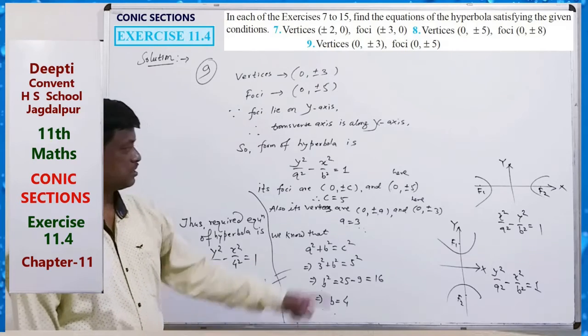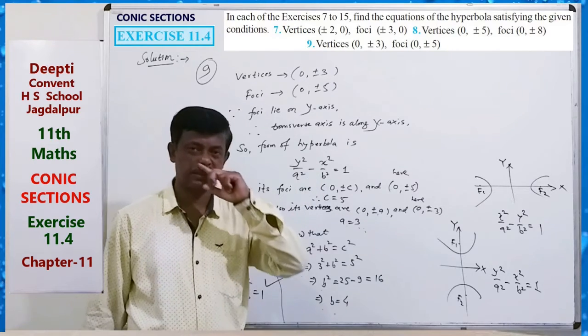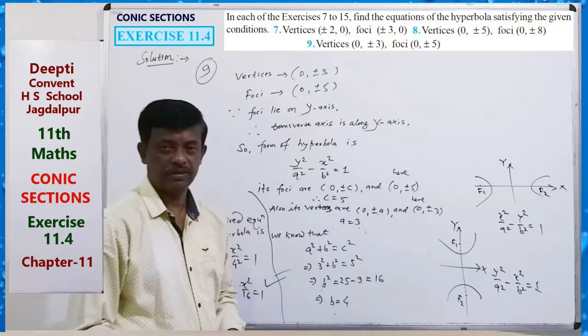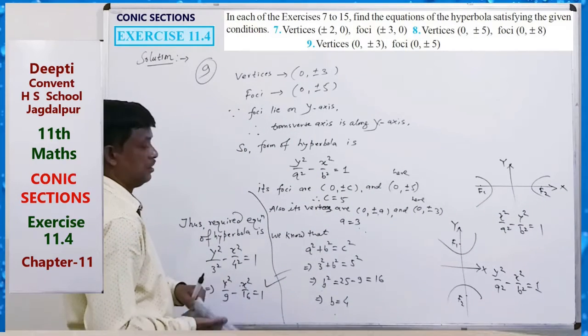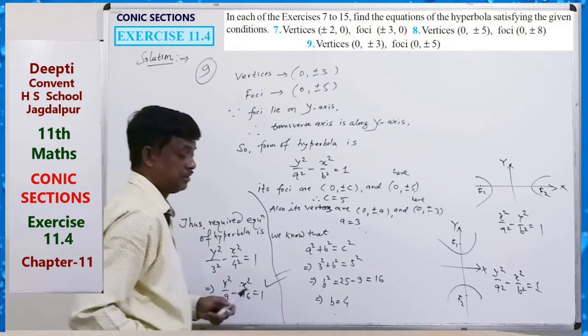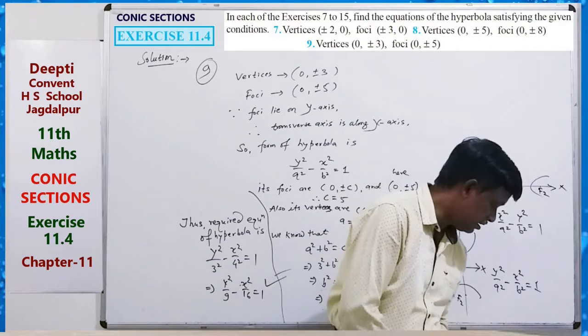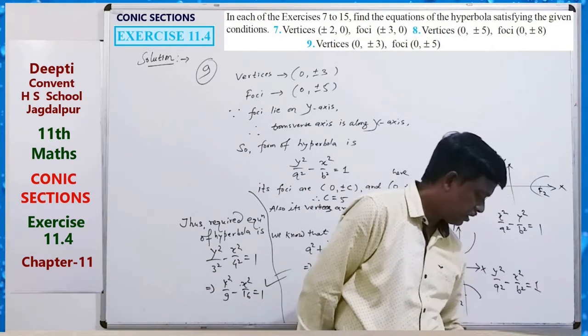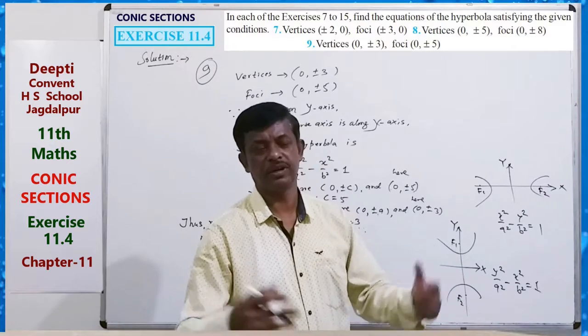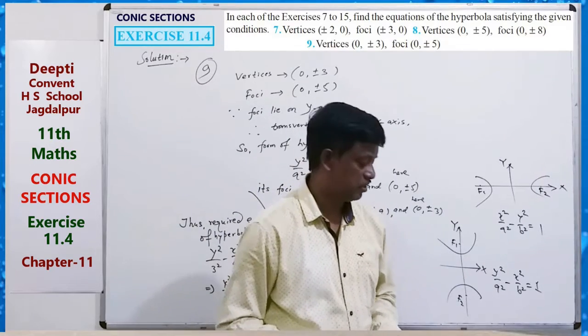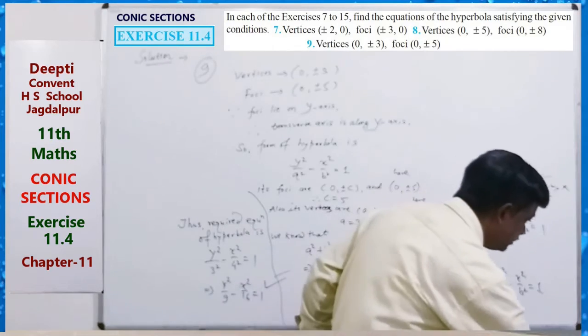Simple. So first of all you have to decide what is the format of the hyperbola. Clear? Now, similar questions are up to 9. Here different types of conditions are given, and we just have to find the equation of the hyperbola.